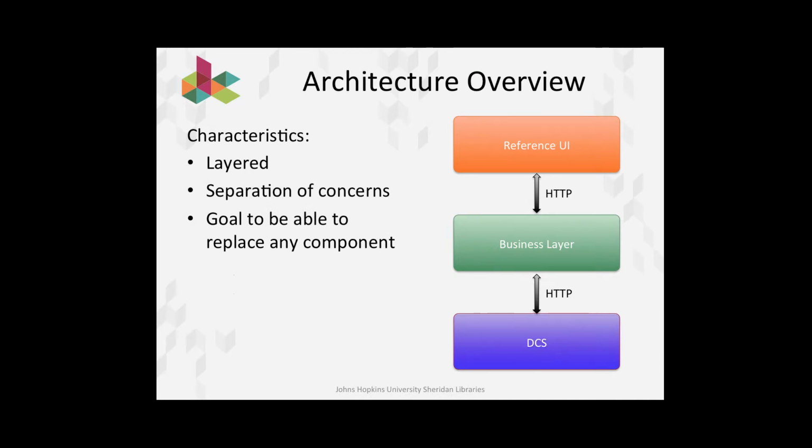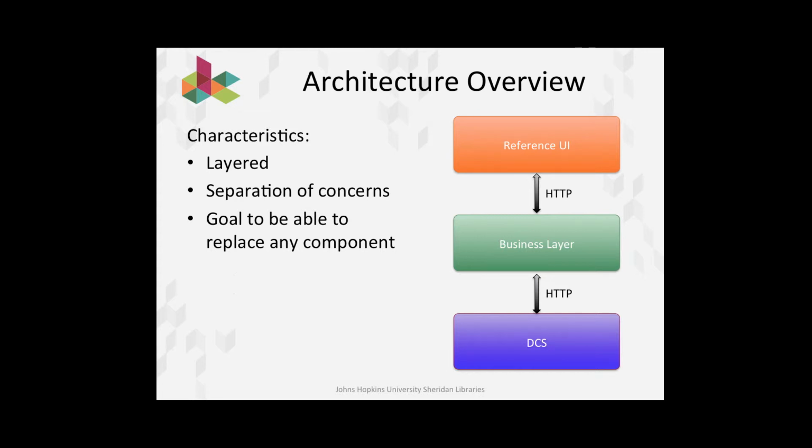Some of the key reasons for this type of partitioned architecture is because the Data Conservancy wants to be able to support data from a wide variety of disciplines and needs to be able to evolve over time. The goal is that any of these layers, or actually any component within any of these layers, should be able to be swapped out and replaced by a different component or newer system at any time.